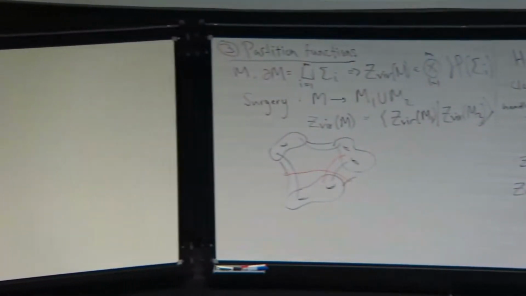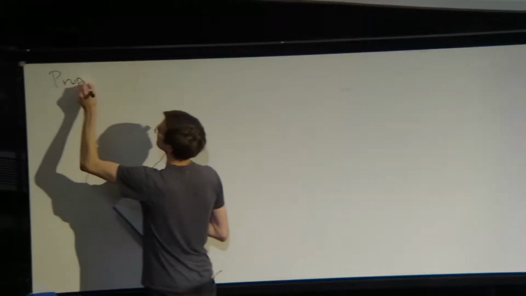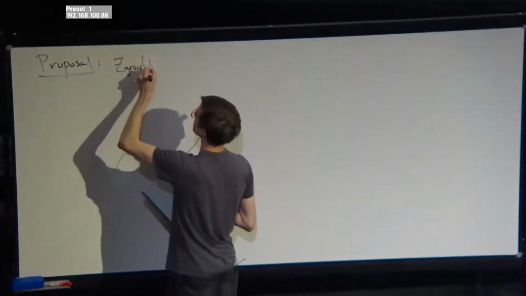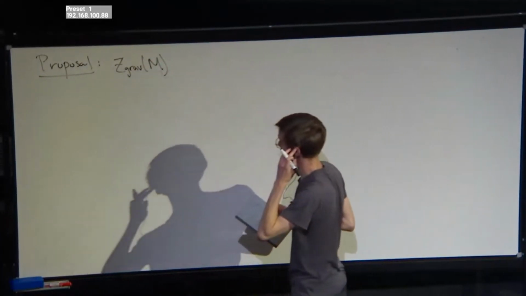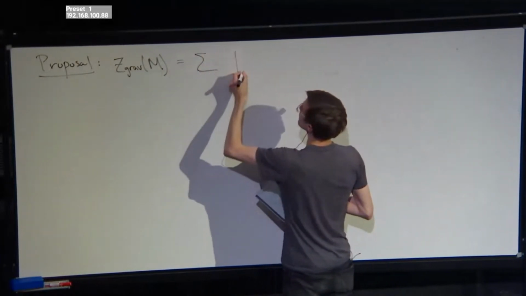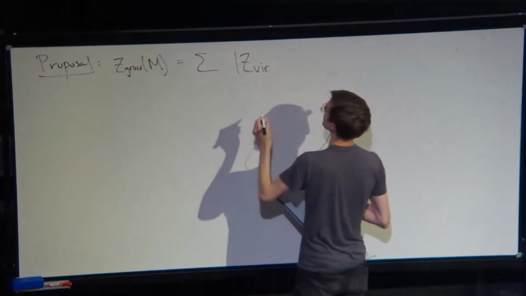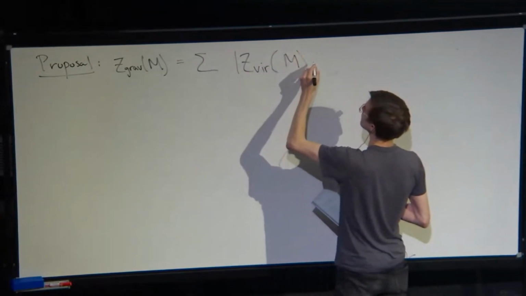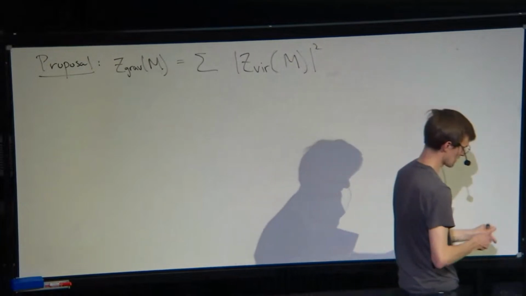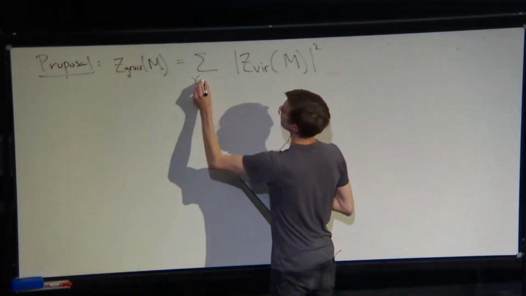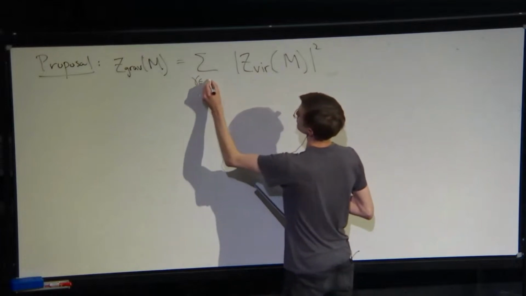So the proposal that we arrive at from this sort of reasoning is that the gravity partition function on some fixed topology M, so here I'm not yet summing over topologies, is related to the mod square of this TQFT partition function. But we have to sum over elements of the boundary mapping class group. So let me write that as.